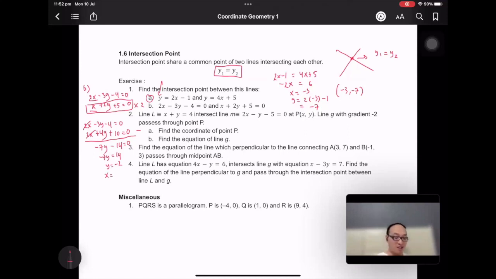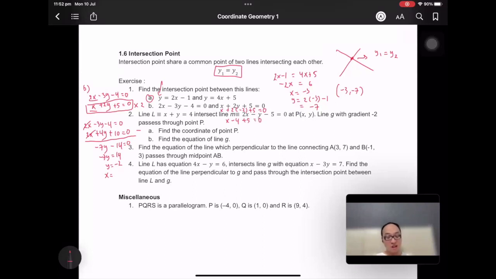For x, just put y into one of the equations. You can put it in the second equation. So x plus 2 times negative 2 plus 5 equals to 0. So x minus 4 plus 5 equals to 0.